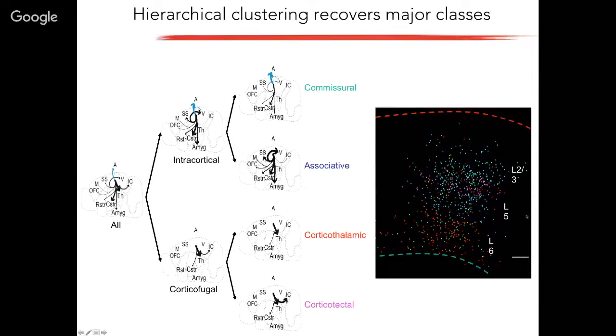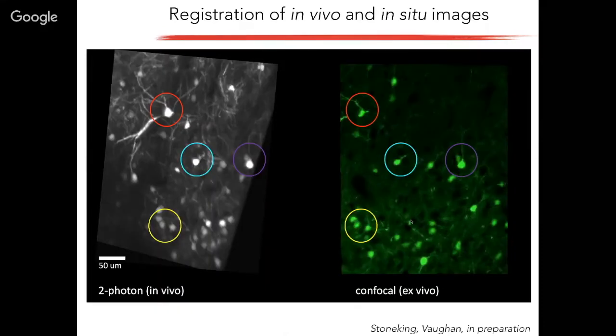And so for each one of those little dots, we can click on it, and I could tell you the strength of projections to the dozen or so areas that we've studied. And again, there's a whole story that we're working out here. We can combine this with in vivo activity.